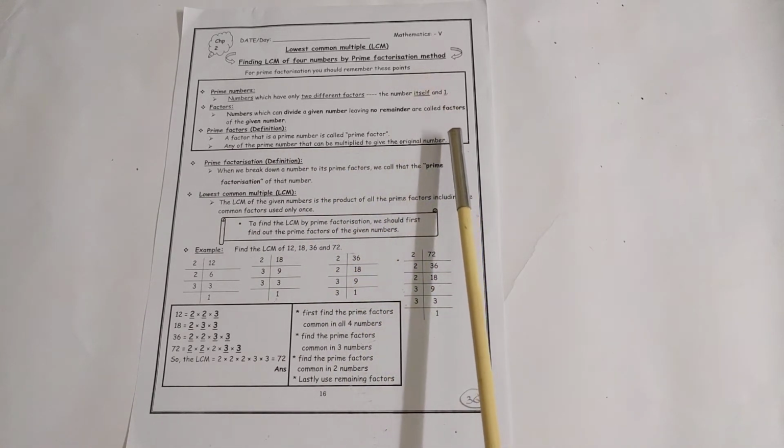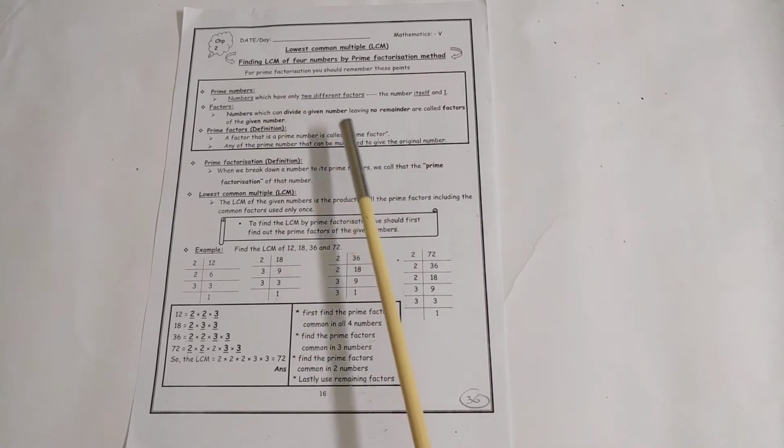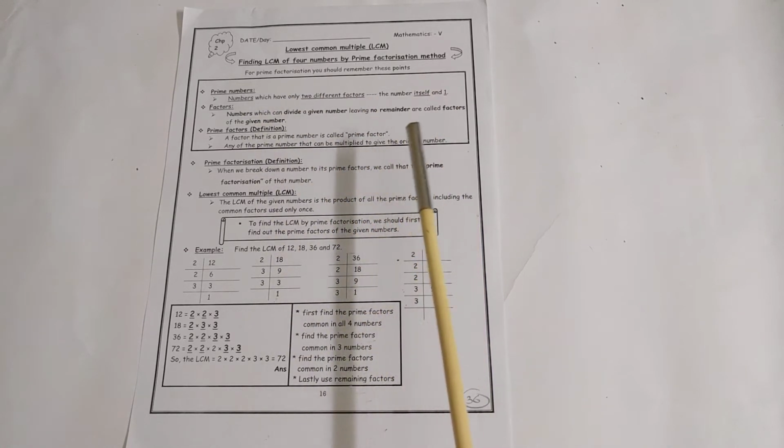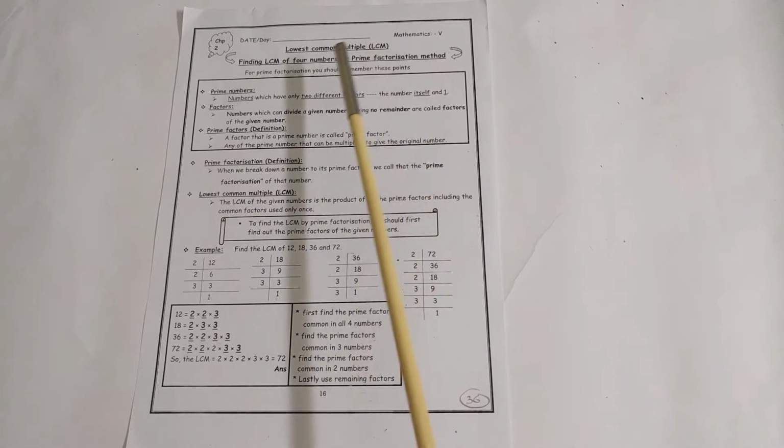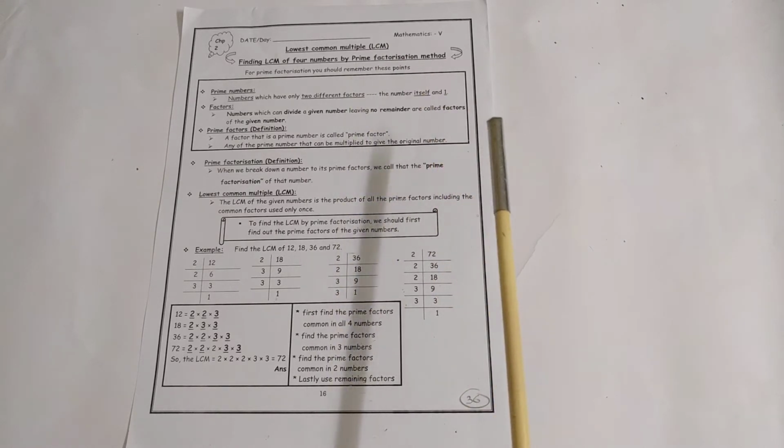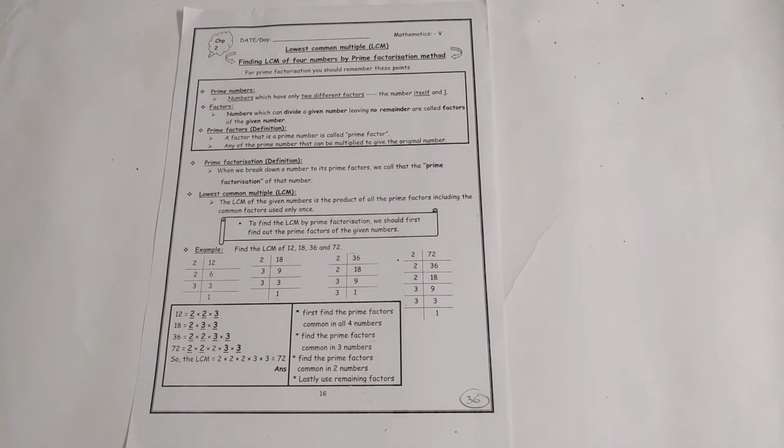These are all important definitions which you have already learned in your previous lectures, and these are very helpful for this new topic, LCM or lowest common multiple. As today's topic is LCM of four numbers by prime factorization method, let me explain LCM by this definition. What is LCM?